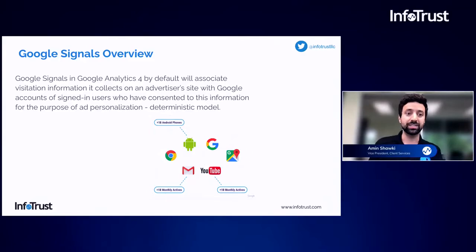Essentially, it allows your reporting to leverage a lot of the rich Google data for signed-in users on their platform, so that you can see things like cross-device behavior, even if consumers coming to your platforms aren't logging into your particular platforms, but they're known by Google through their deterministic model. This is going to be baked into all the reports within GA4, and it's really, really powerful.